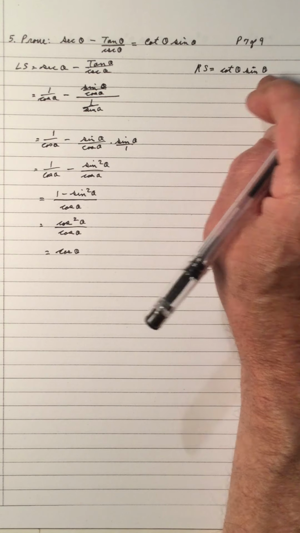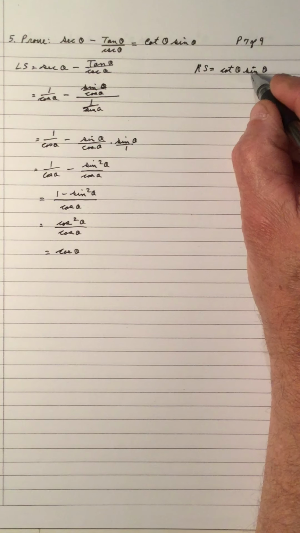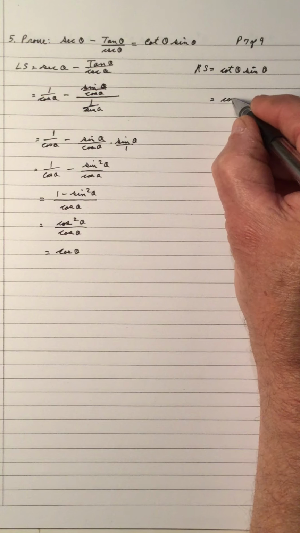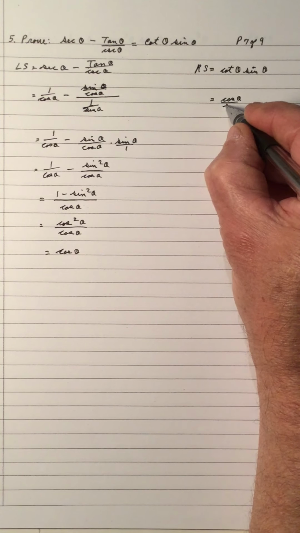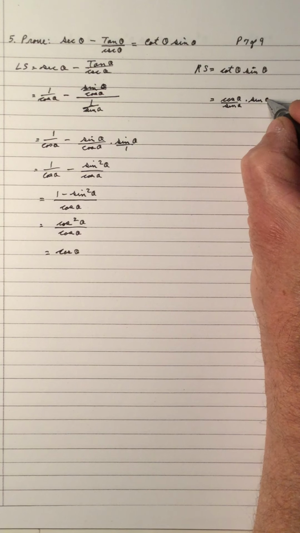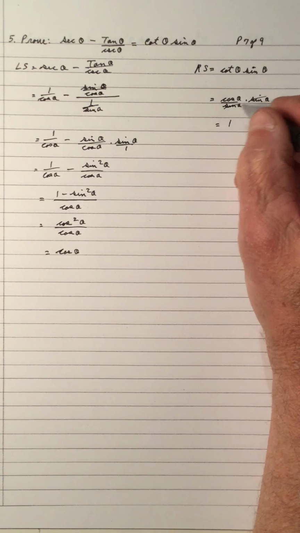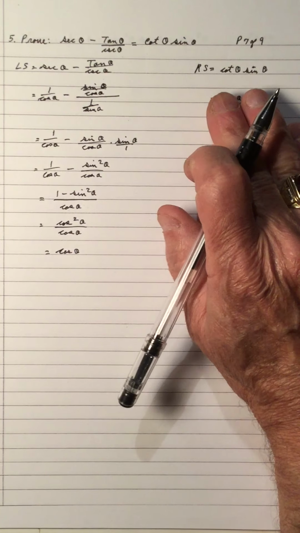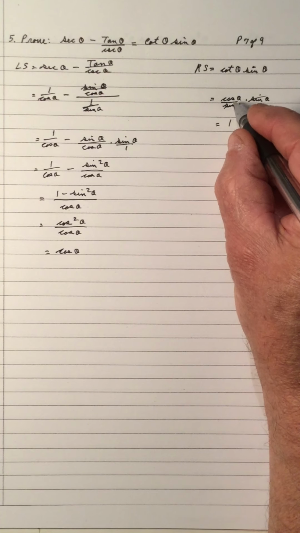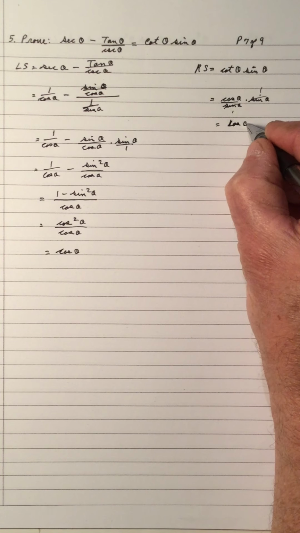So remember what I told you: take this, write it down on a sheet of scrap paper, and work it out. Cot is cos over sine times sine, and notice they cancel out and give you 1. So if I did it on scrap paper, you look at it and say, oh, that's 1, 1, so that's cos theta.